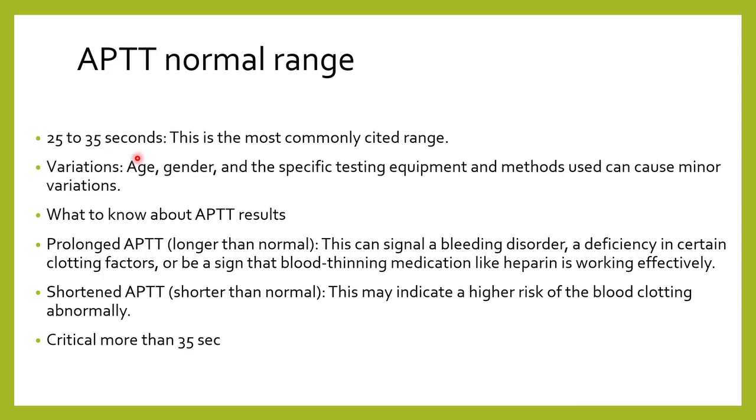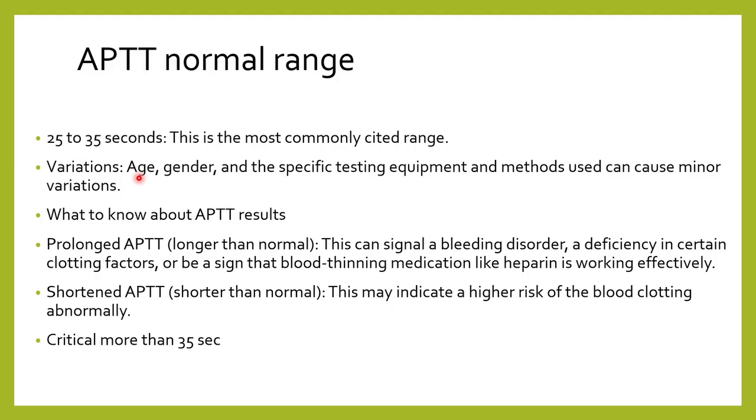This is the most commonly cited range, and there will be certain variation with age, gender, equipment and laboratory. What you have to know about APTT is that if you are getting an increased APTT of more than 35 seconds, that means your blood is taking more time to clot.